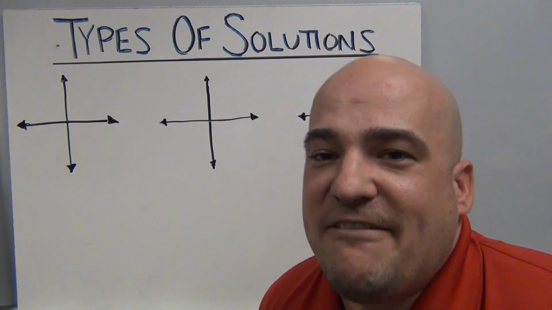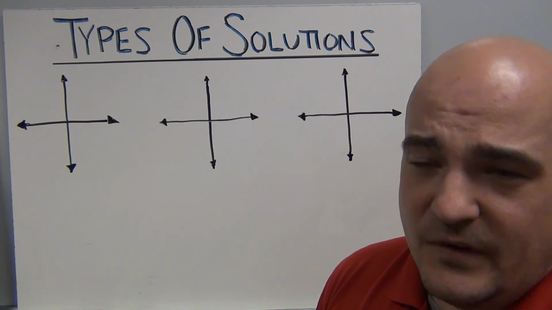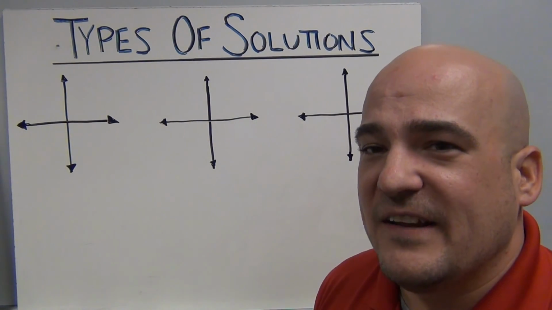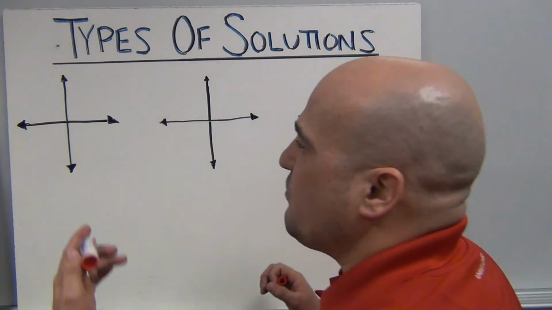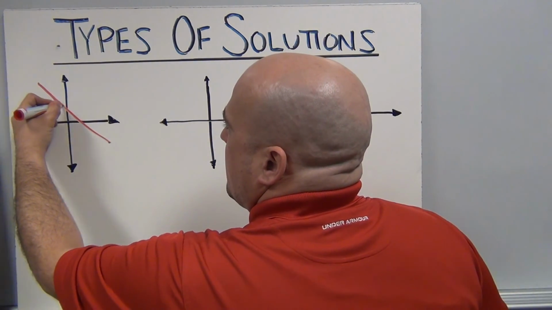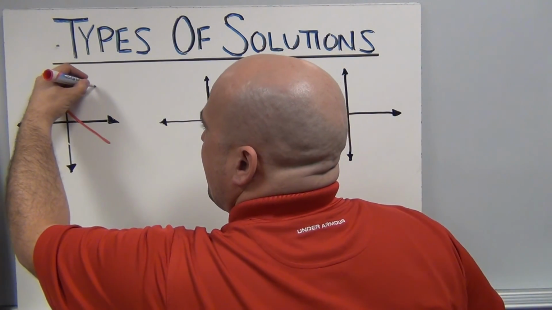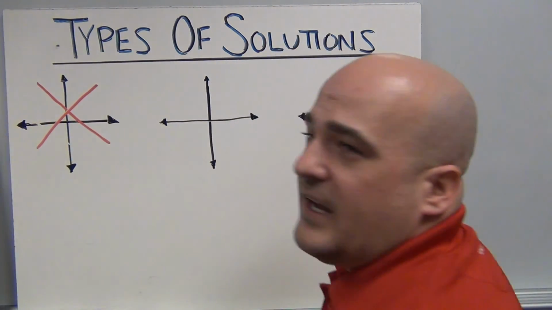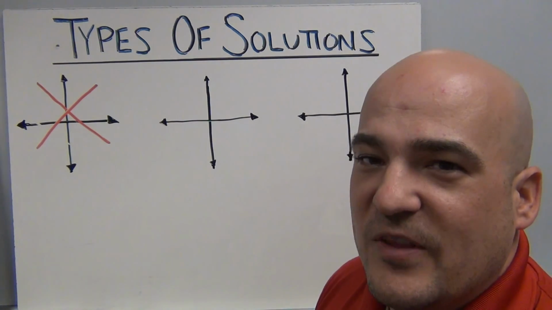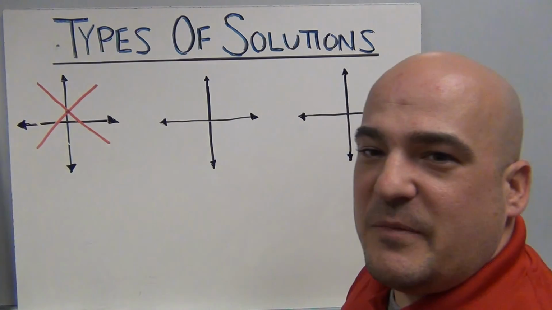When we graph these systems, there's three things that could possibly happen. The first thing, and the most common thing, and the thing that we hope for, is that we graph one line, and then we graph the other line, and those two lines cross somewhere. That's what we're hoping for. And where those two lines cross, that's going to be our solution.